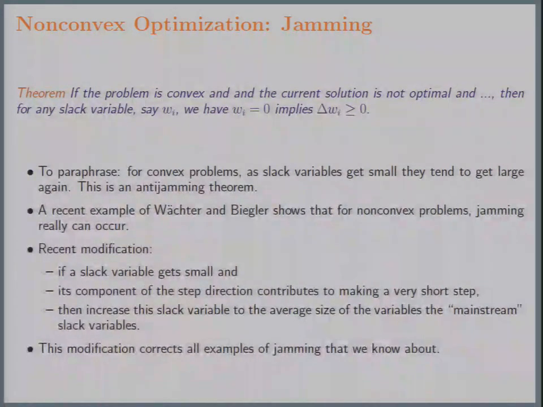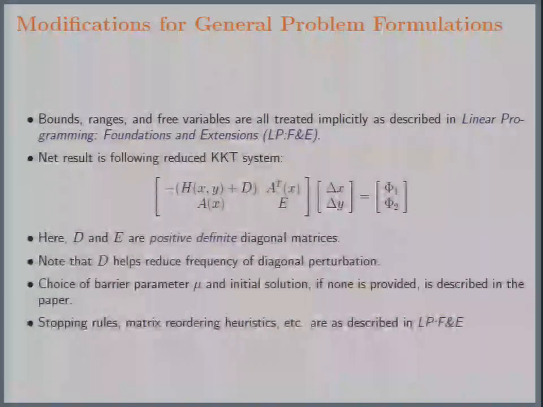And we don't have to follow the path. We're allowed to push ourselves back in, basically. So this kind of trivial modification at least corrects the standard collection of jamming problems that people have played with. But there's no theorem here. It's just empirical evidence that it works pretty well. Okay.